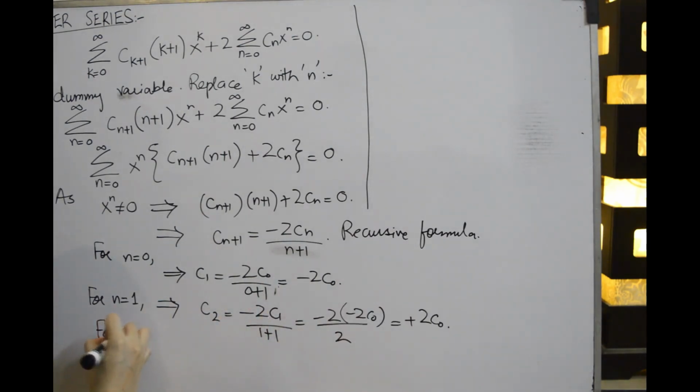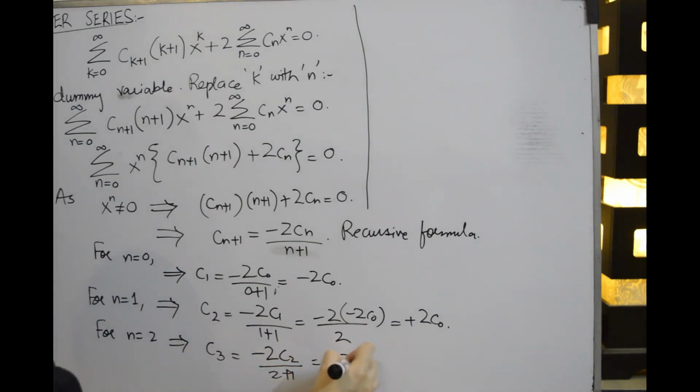For n equals 2, C3 is minus 2C2 divided by 2 plus 1, minus 2 by 3 C2, and instead of C2 you can write plus 2C0, each and every successive term.